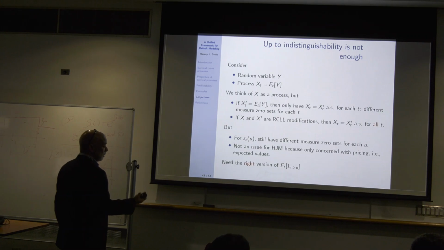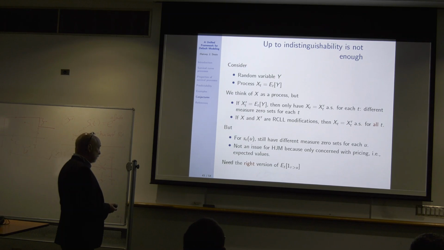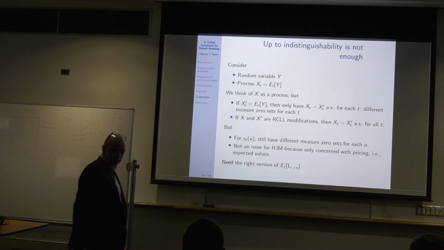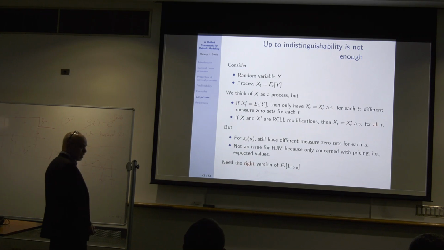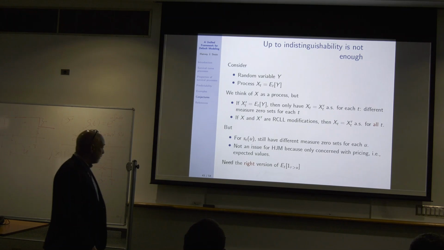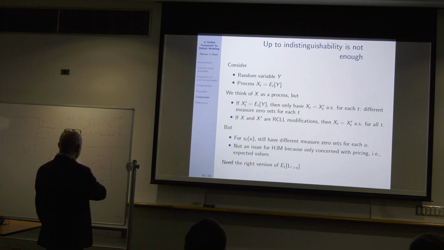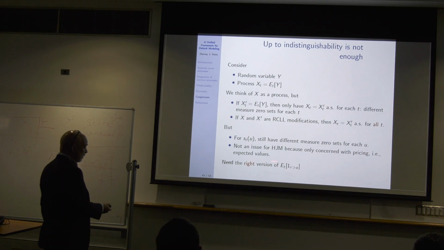They have almost all paths the same. But we still have, for s of t of u, as a function of u, different measure 0 sets at every time u. This doesn't matter for HJM because we're usually concerned with pricing, in which case all we're doing is expected values. But for what we're trying to do of getting the survival curves to tell us about the predictability, we need the right version.